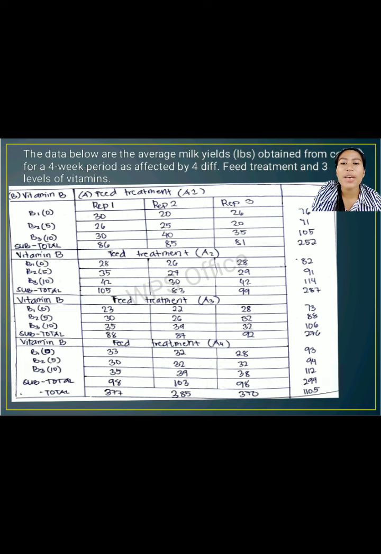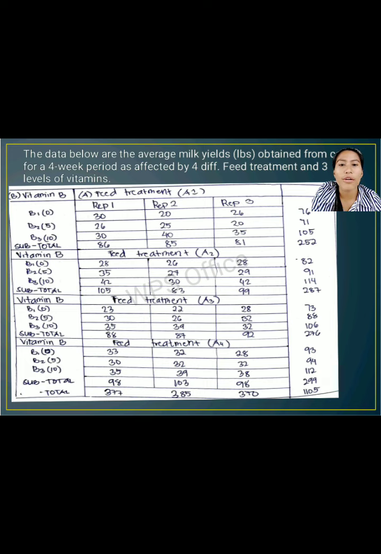And B sub 3 treatment is 42 plus 30 plus 42 equals 106. Then, adding all the totals, we have a subtotal of 276.